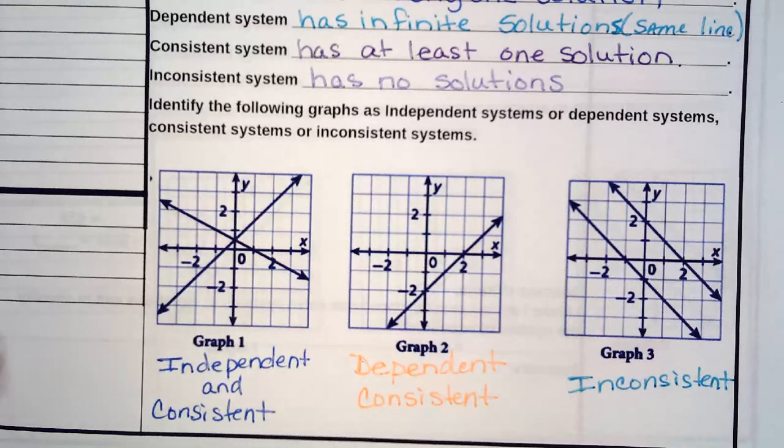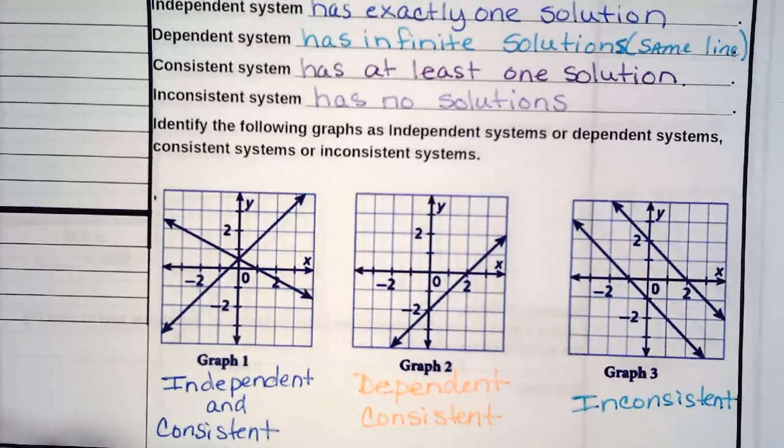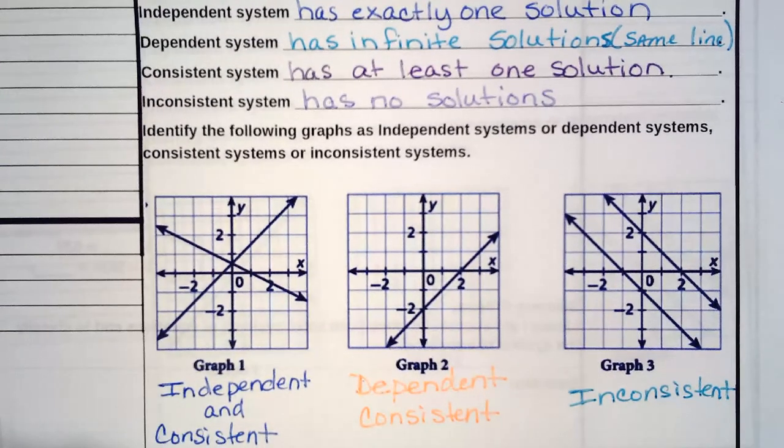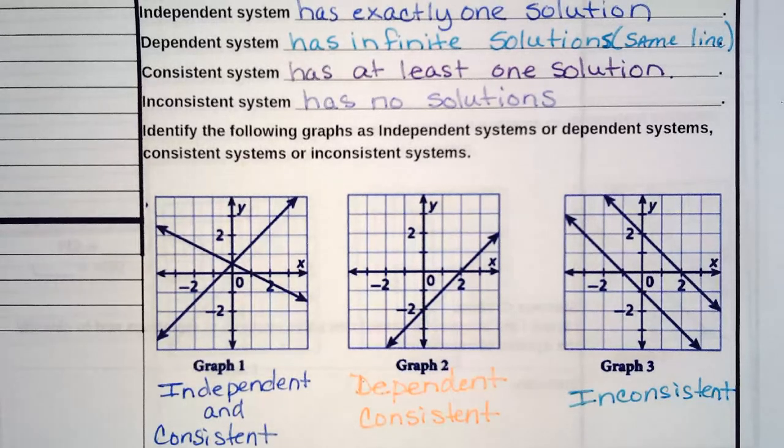So if you're looking at an independent or dependent system, those will both be consistent because they have a solution. If you're looking at parallel lines, it is simply inconsistent.